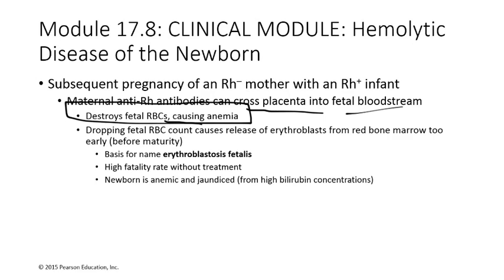And this can lead to a problem with dropping red blood cells. And this can be a really high fatality rate. If the baby does survive, then the newborn can be quite anemic and quite jaundiced because the body's been trying to make more red blood cells because they were being destroyed.